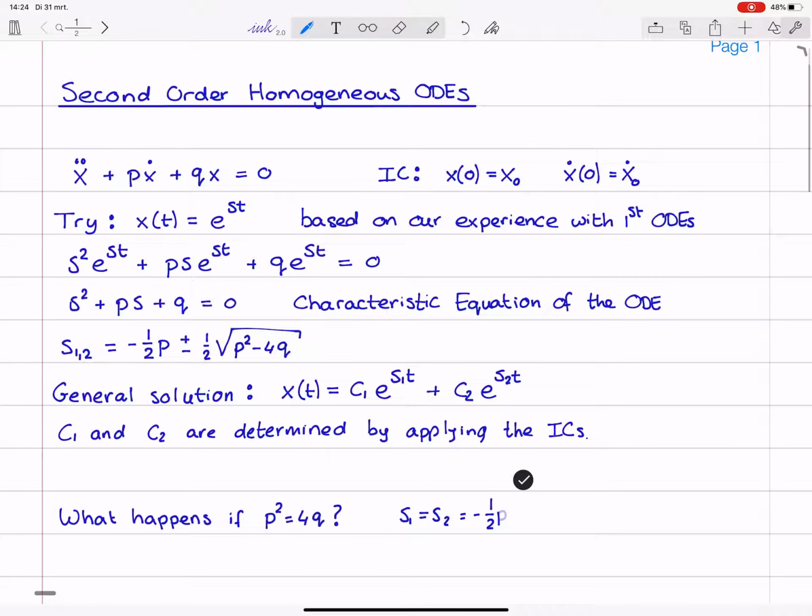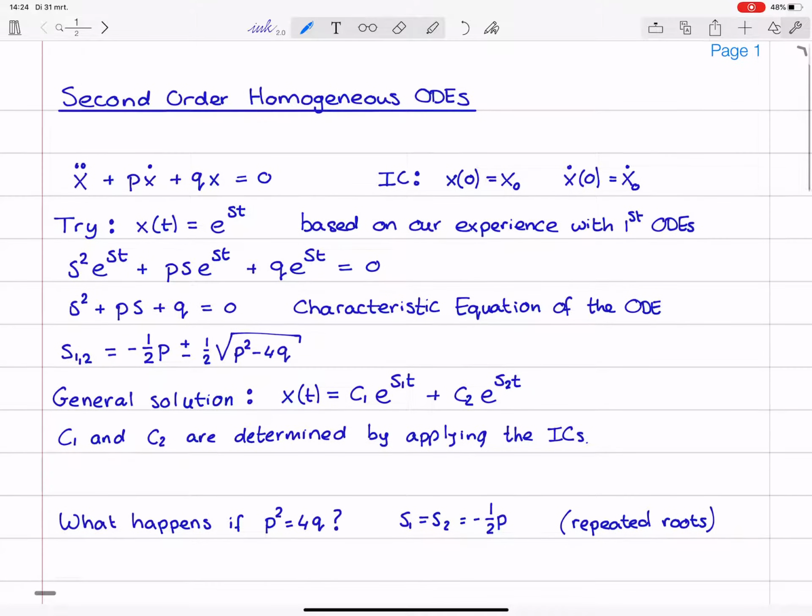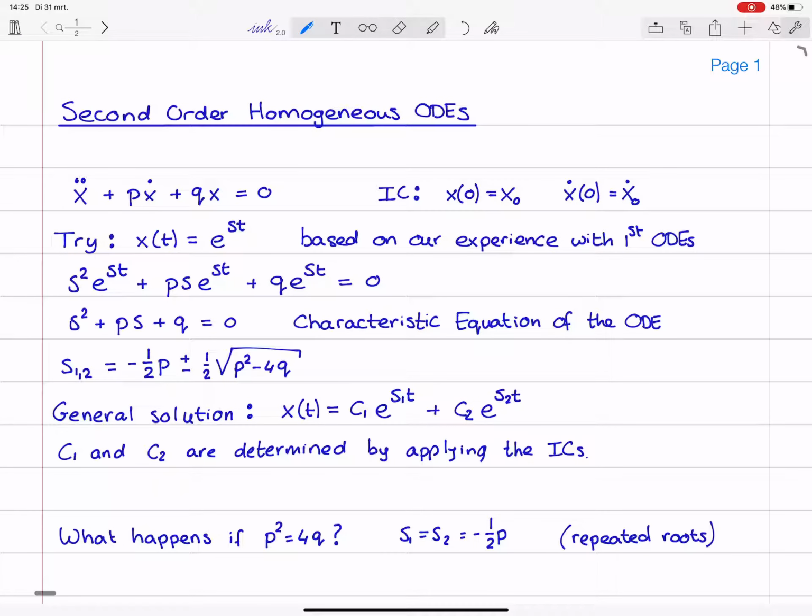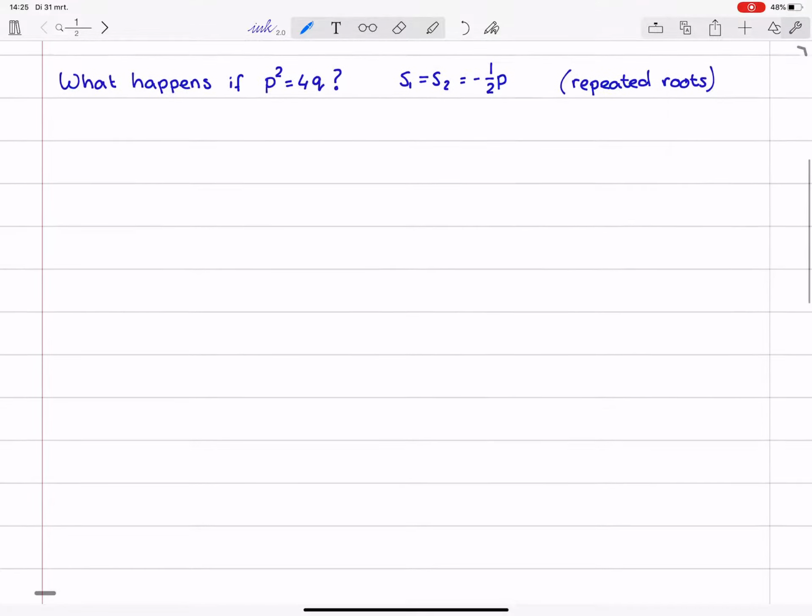Okay, this situation is so-called a repeated root. That is kind of awkward because then the general solution is c1 e to the power minus a half pt plus c2 e to the power minus a half pt. So this is twice the same function. So in fact that is only one solution. All right, so this is a bit of a problem.